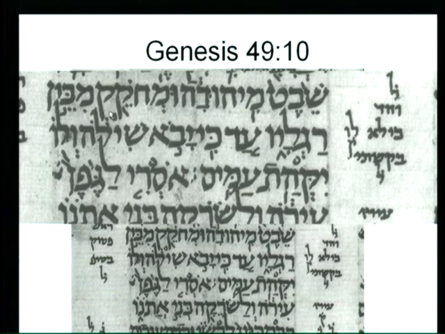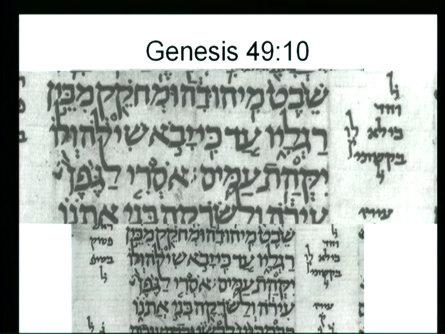There's a circle here in the text to indicate that Shiloh is to be retained and maintained as is. And there are notes in the margin to indicate that this is a proper name. And therefore, I object to the translation "until he comes to whom it belongs." I think that is a theological slippage at work. And it is a title of deity.